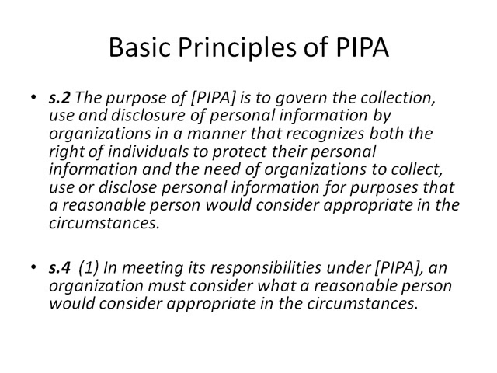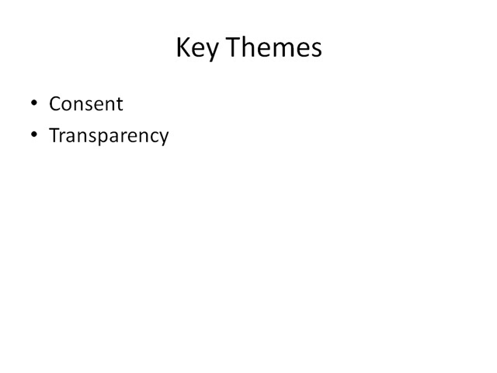I'm also going to talk about some of the key themes here, which are that at all of those stages, whether it's collection, use, or disclosure of information, very important themes in PIPA are consent, that wherever possible and subject to exceptions, those things should be done with the consent of the individual who's named or identifiable in the personal information.